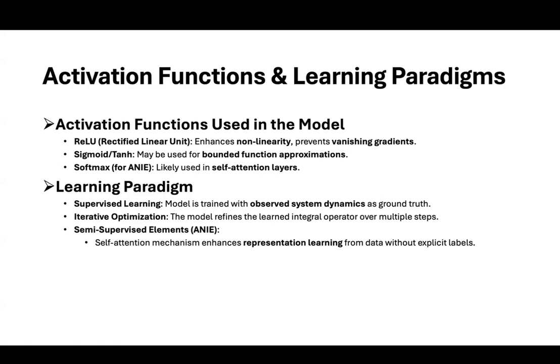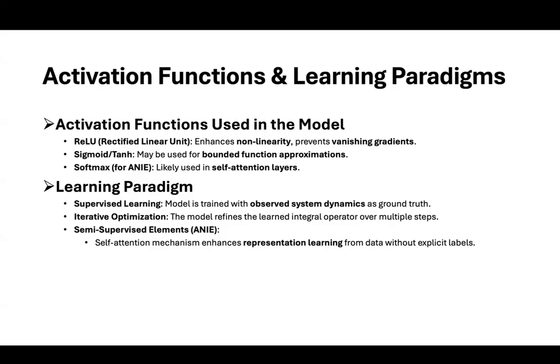From what I gathered from the paper, ReLU, the rectified linear unit, is used to handle non-linearities effectively. It prevents the issue of vanishing gradients, a common problem in deep learning. Additionally, functions like the sigmoid or tanh, that is TANH, might be employed for bounded approximations.